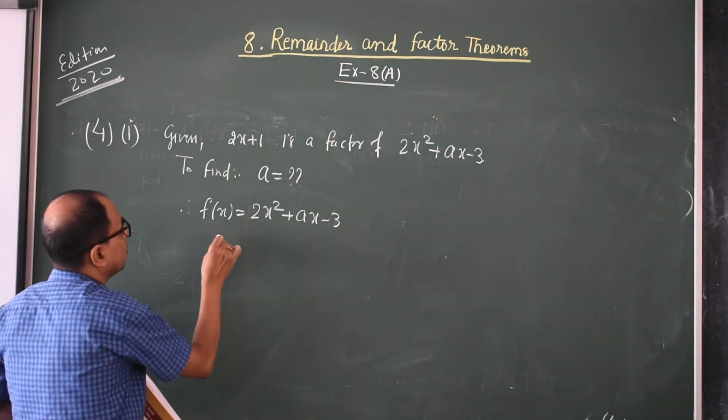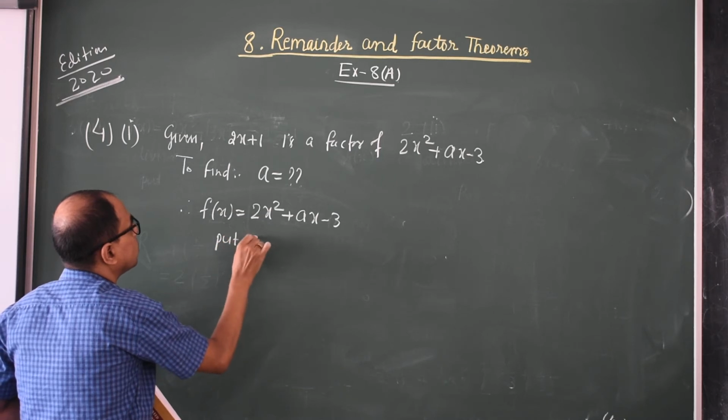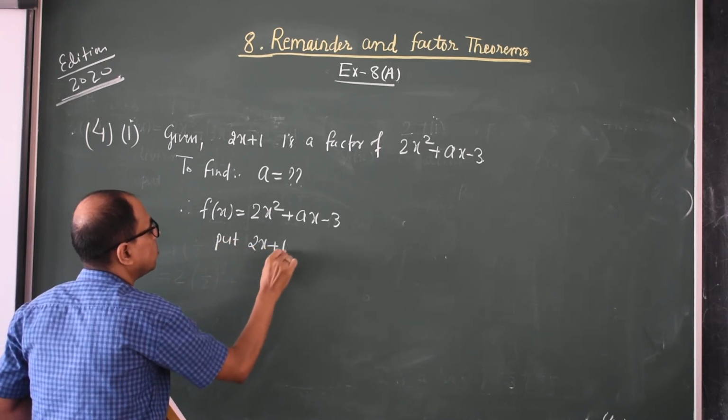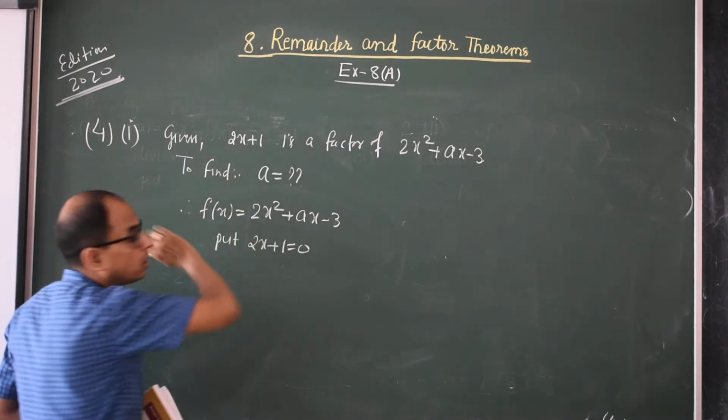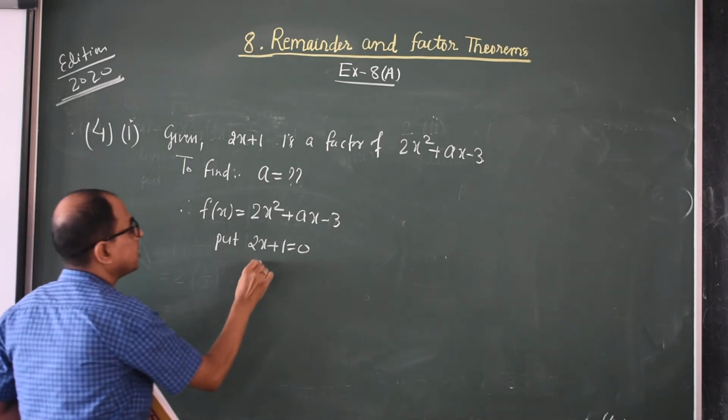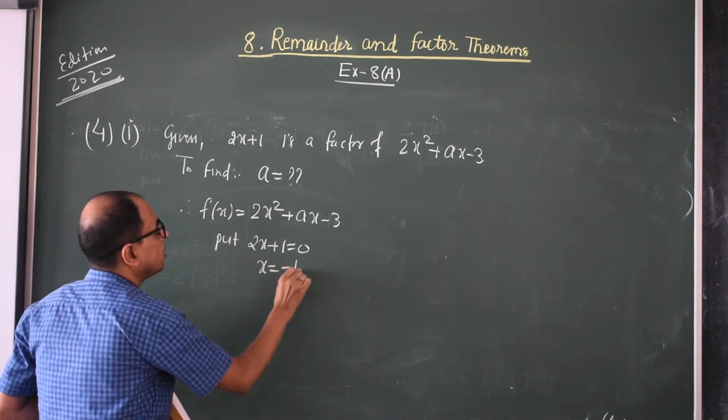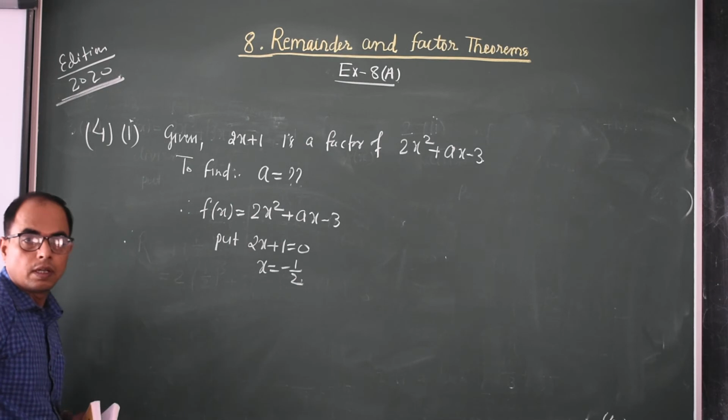Now put 2x plus 1 equal to 0. So here x is equal to minus half. Clear?